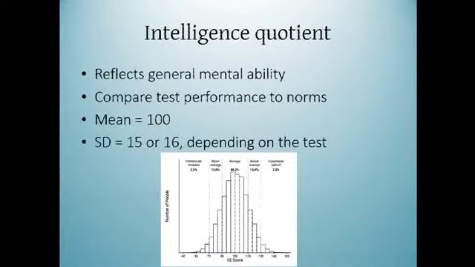Now, when we score general mental ability tests, we come up with what's called IQ, or the intelligence quotient. Why quotient? Roughly a century ago, these tests were used initially to assess children's cognitive abilities.